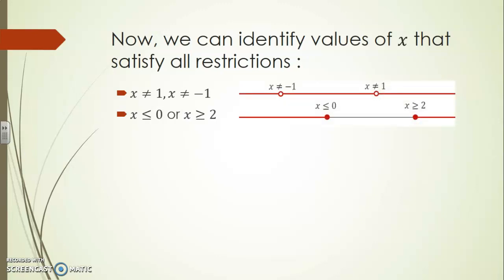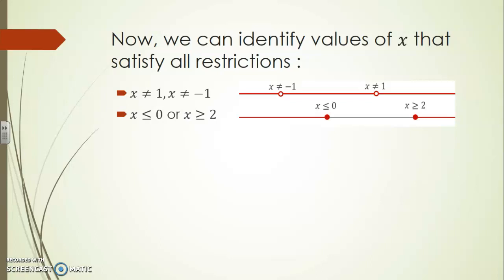We can visualize both of these restrictions individually at first. Notice that the top line includes all x's aside from 1 and minus 1. In the bottom line, we've indicated the regions where x is less or equal to 0 and those where x is greater or equal to 2.